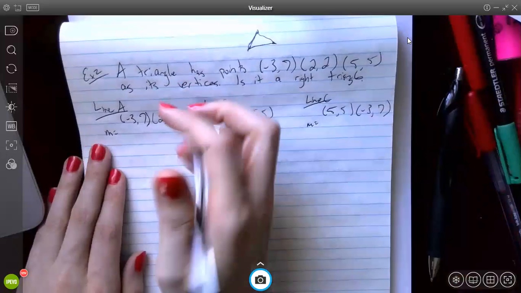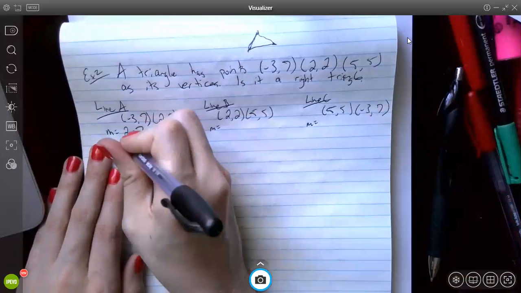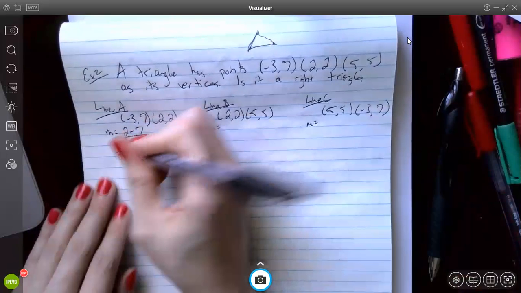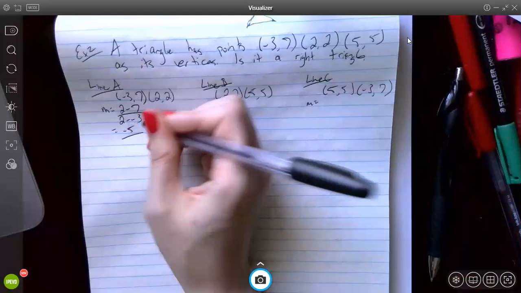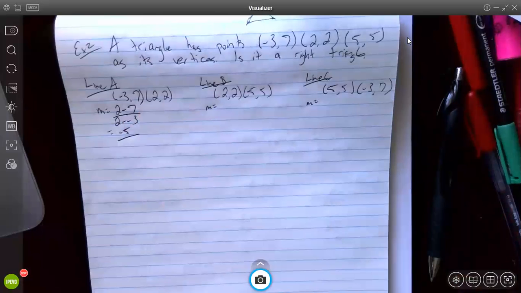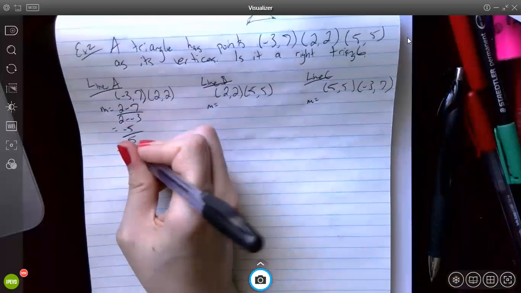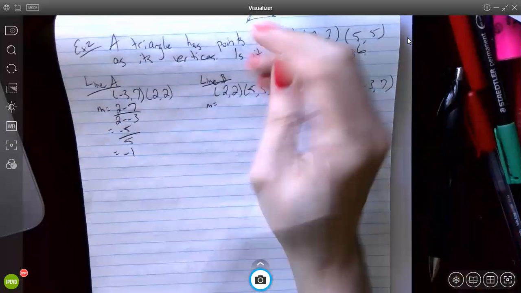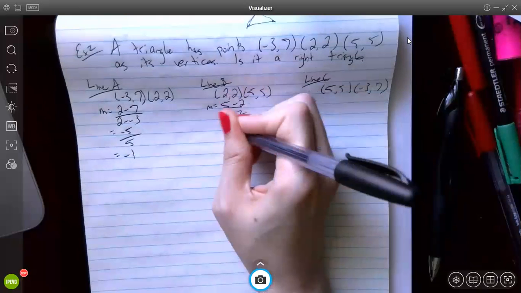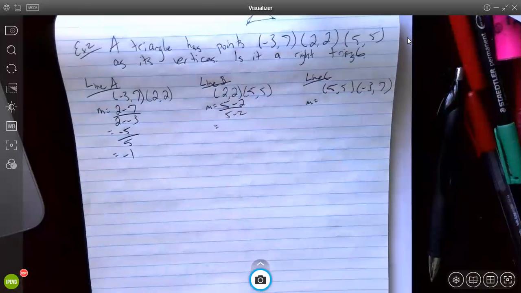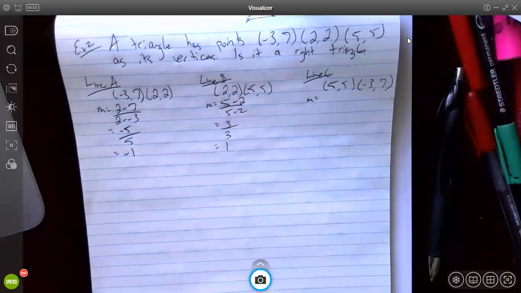So for the first one, let's do 2 minus 7, so y2 minus y1, over 2 take away -3. So 2 minus 7 is -5, and then 2 take away -3 is 5, so -5 divided by 5 is -1. Then for line B, we will do 5 minus 2 over 5 minus 2. 5 minus 2 is 3, 5 minus 2 is 3, that is 1.